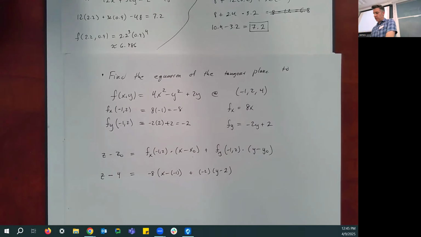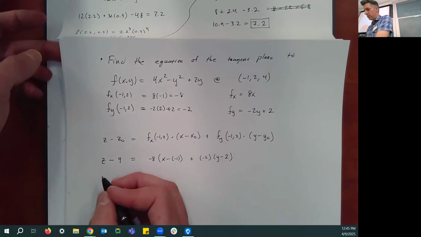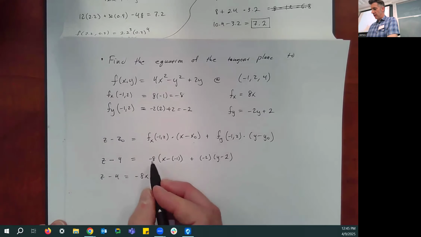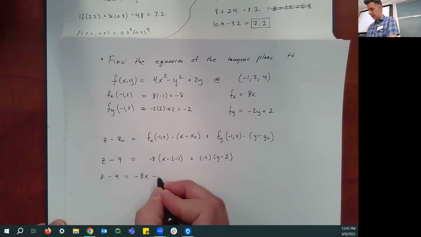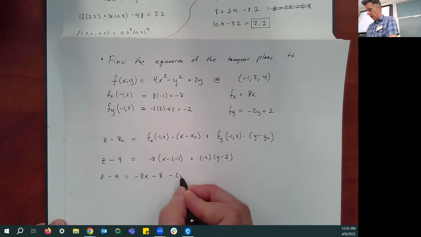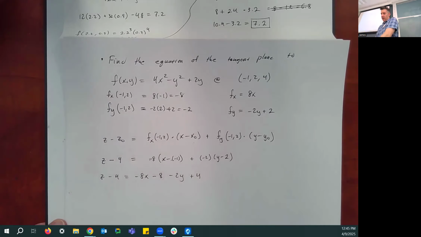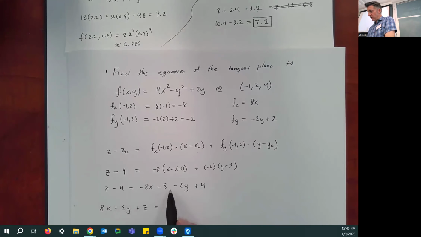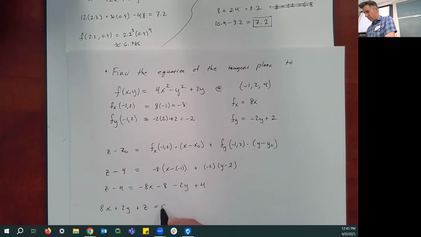I'd probably simplify this. If we simplify just a little bit, we get z minus 4 equal to negative 8x. Negative 8 times positive 1 is also minus 8. And then minus 2y plus 4. If I was writing this in the standard way, I'd probably bring everything to the left and say I have 8x plus 2y plus z equals, I usually put the constant on the other side, so negative 8 plus 4 plus another 4 is going to be 0.